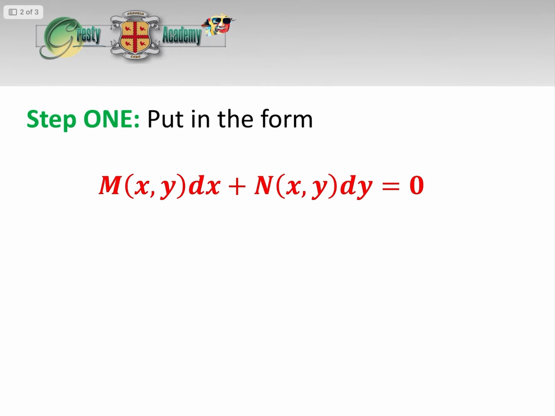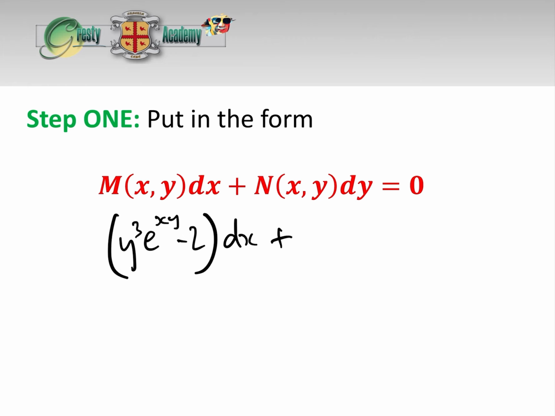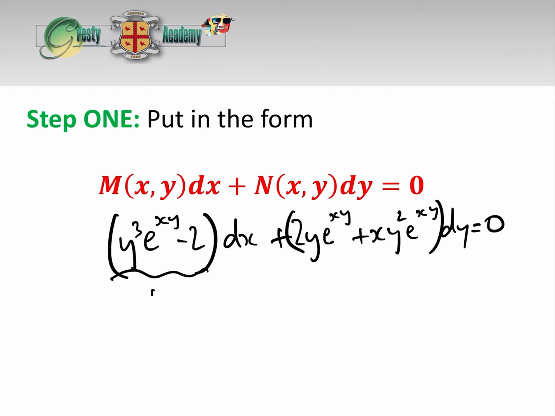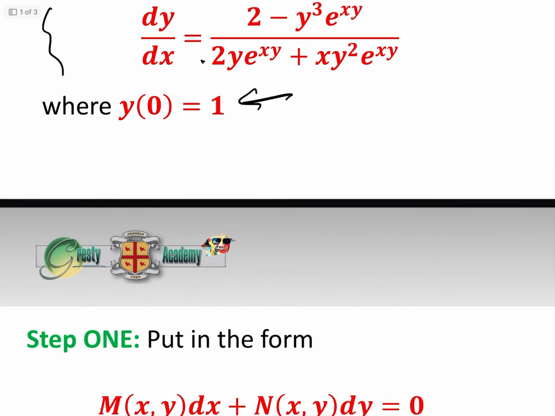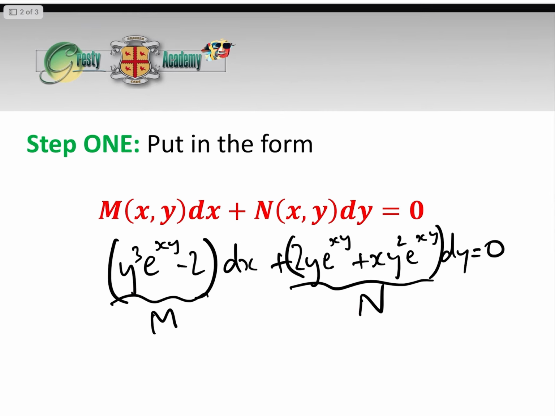So that would be (y cubed e to the xy minus 2) dx, add, all I'm doing is moving everything across, (2y e to the xy add xy squared e to the xy) dy equals 0, and this here is our M and this here is our N. All I've done is move all of that across and collect everything up.